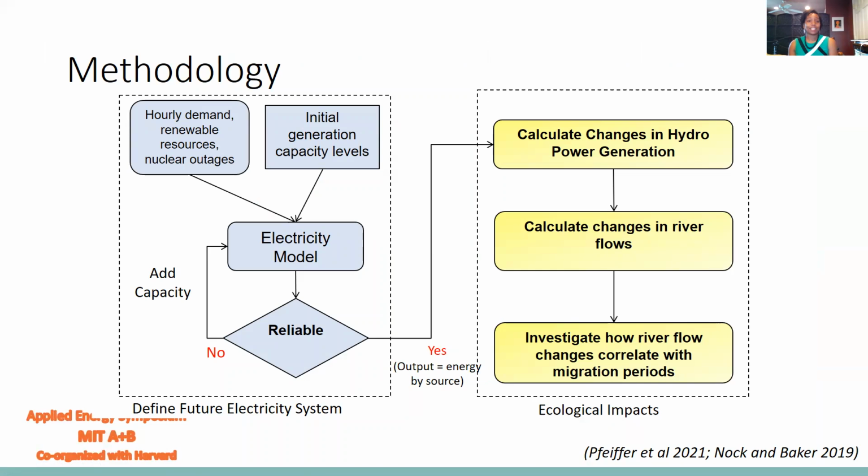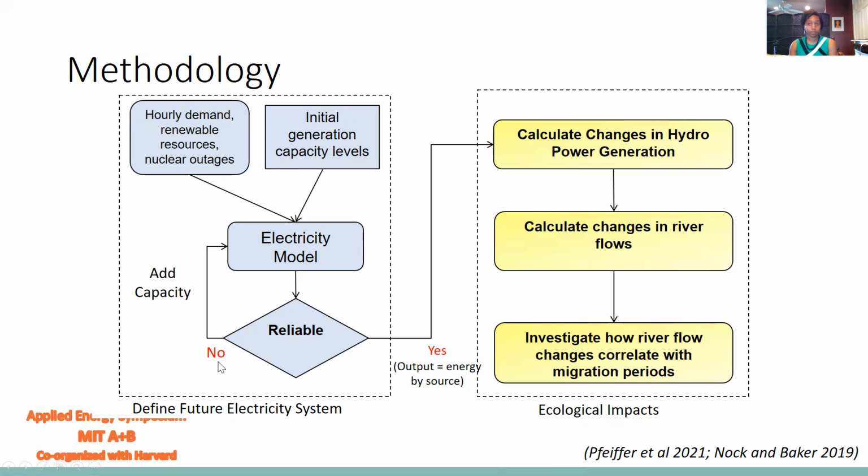This flowchart is presenting our methodology for combining an electricity system model on the blue side with an ecological impact analysis on the yellow side. So first, we take in hourly demand and renewable resources, and we also have other generation constraints like nuclear outages and maintenance. Then we take initial generation capacity levels. We feed this into an electricity model for our future system and determine if that system is reliable, meaning can it supply energy at all hours of the year.